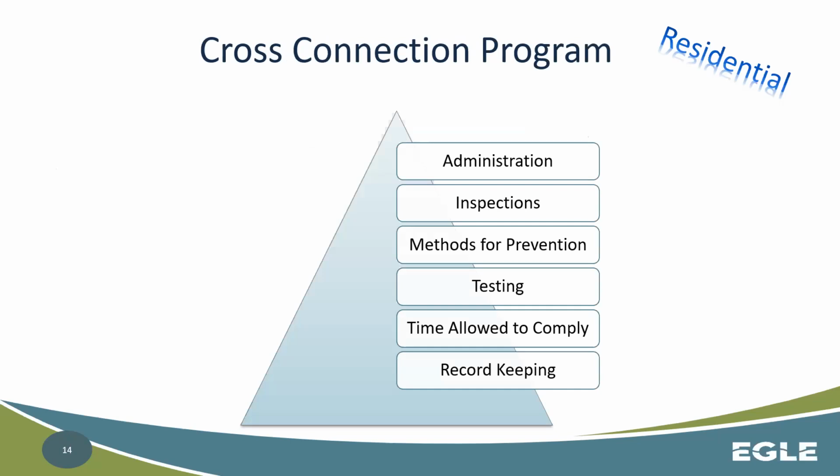If that includes testing, what are your testing requirements going to be? What level of commitment are you making? Time allowed to comply is going to be looking at, when you find issues, what kind of schedule, how quick of a response do you want to see that things are being fixed? And then the record keeping aspect of it. And we're going to look at each of these parts in a little bit more detail.